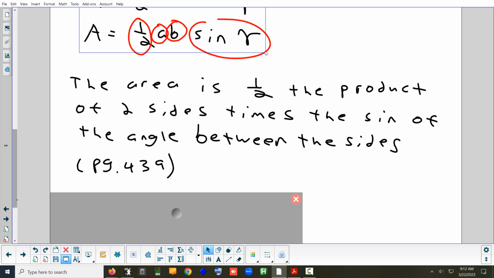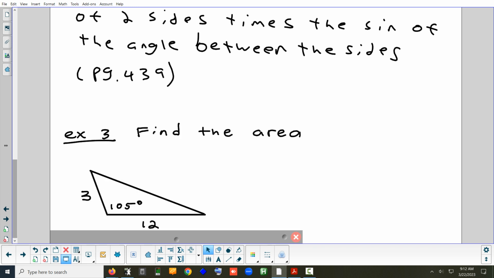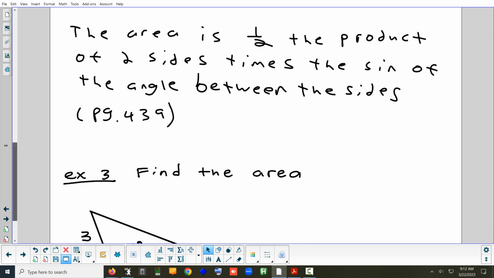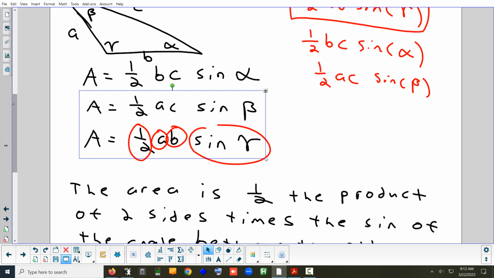How do you know when to use which pattern? Which equation? Well, they're all the same. In fact, I'm probably going to give you a triangle, and I'm not going to label anything in it. So you don't know what side is A, B, or C. So you don't necessarily know what version of the formula you're using. But that's not the important part.